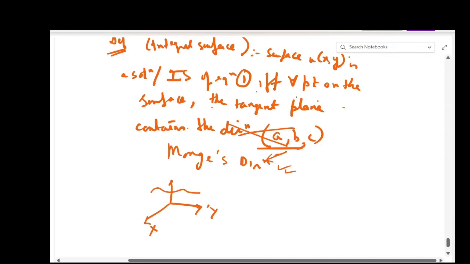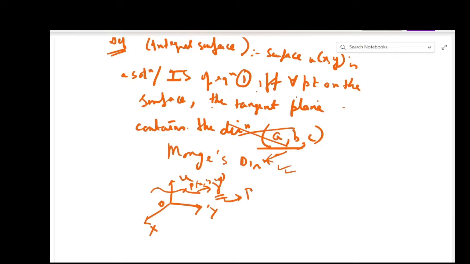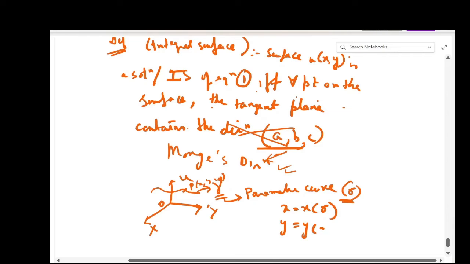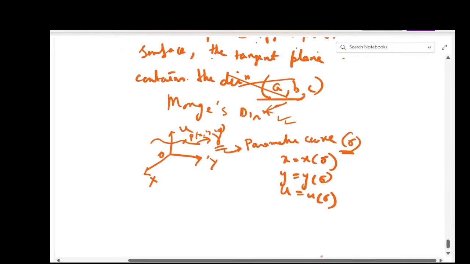If you consider any curve, say I name it gamma, then at any point P, coordinates x, y, u, let me consider it as a parametric curve, so x equals x(sigma) with parameter sigma.